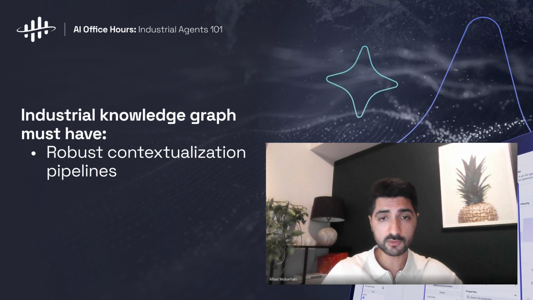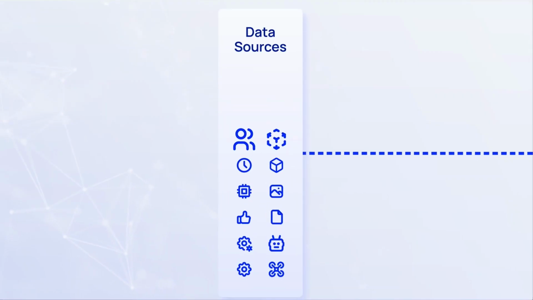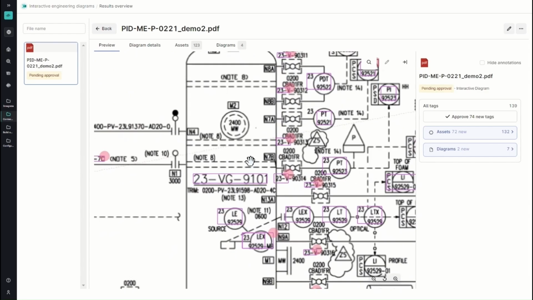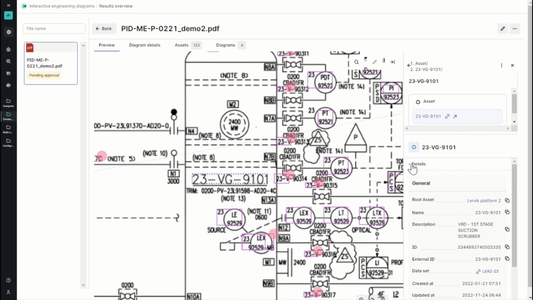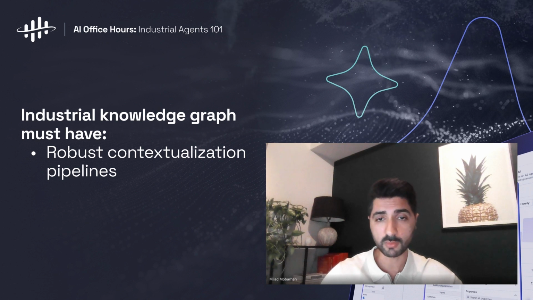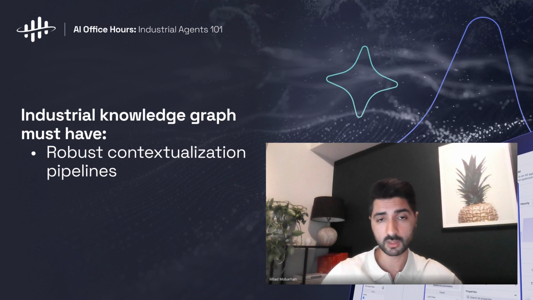First of all, it needs to include robust contextualization pipelines that can bring together and connect industrial data from all sources, whether it's IT or operational or engineering data, like time series, P&ID drawings, equipment logs, maintenance records, 3D models, images, and more. All these must be in a format that is understandable by both humans and AI systems.